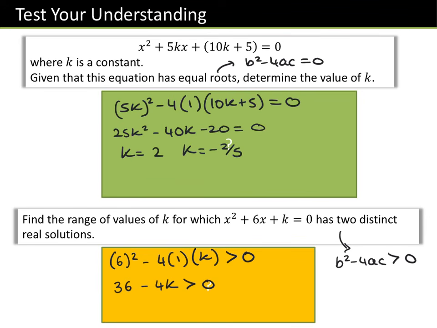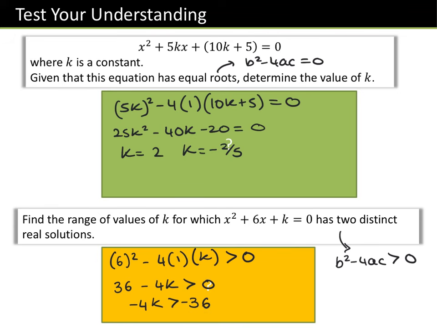Now, when you solve this, we can do this a few different ways. Okay? I want k on its own. Right? So we could move the 36 onto the other side. So we're going to get minus 4k is greater than minus 36.